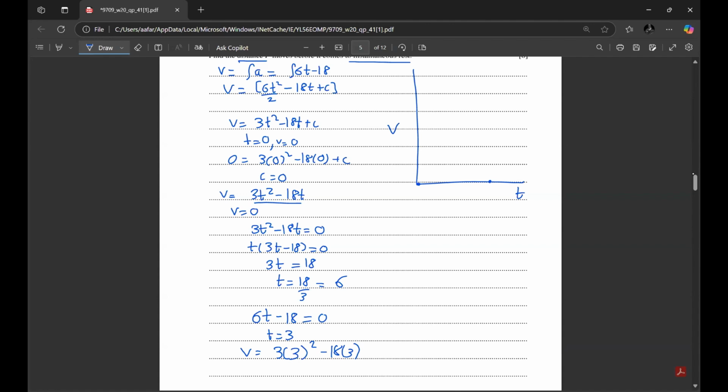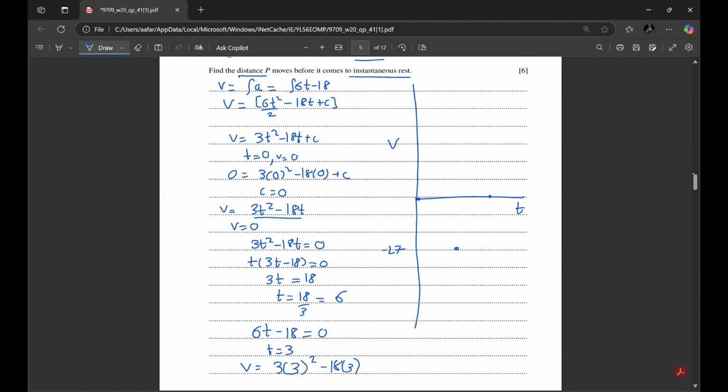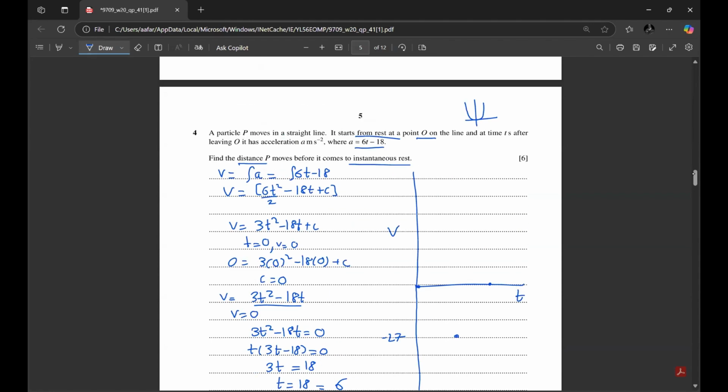Yep, it's negative 27, what I imagined. So let's say this is negative 27. This is what the velocity-time graph actually looks like until it comes to instantaneous rest.